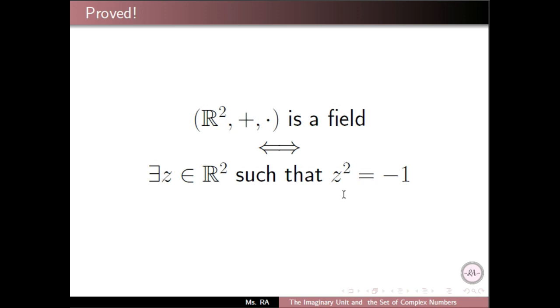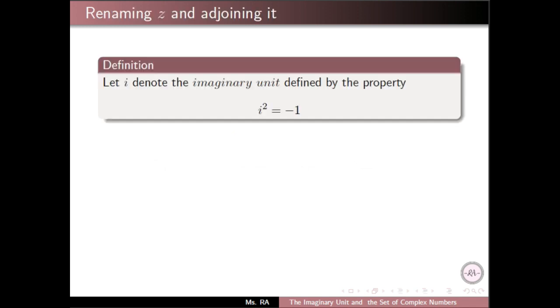Now this z that we have constructed, we are going to give a specific name. We're going to call it the imaginary unit, and let i be the symbol for that imaginary unit. And that's it. That is how the imaginary unit could be constructed.